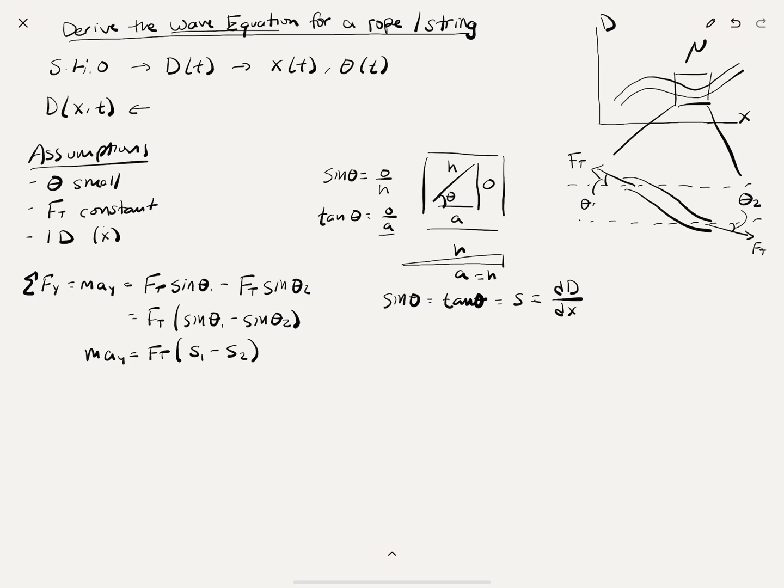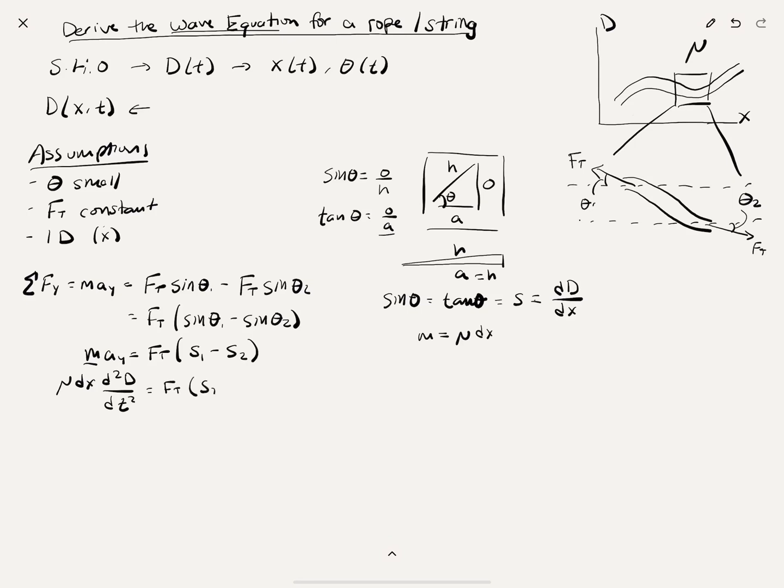Now, we can rewrite this mass for our infinitesimal window that we're looking at as just being equal to the mass density times some distance dx. And our acceleration in the y direction is just the second derivative of our displacement with respect to time.